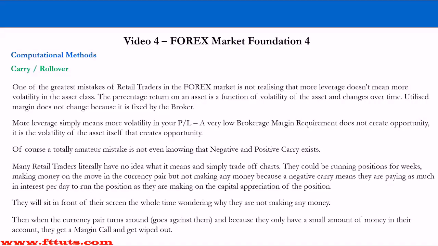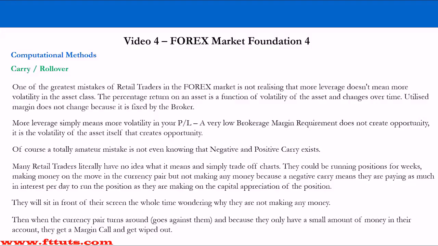And they could literally be running positions for weeks and even calling the direction of the currency pair correctly, but not making any money because the negative carry and the leverage that they're using means they're paying as much in interest or more per day to run the position as they're making on the capital appreciation on the direction of the move of the currency pair. And obviously, it's even worse if there's a negative carry, it's leveraged, and the direction is called wrong.